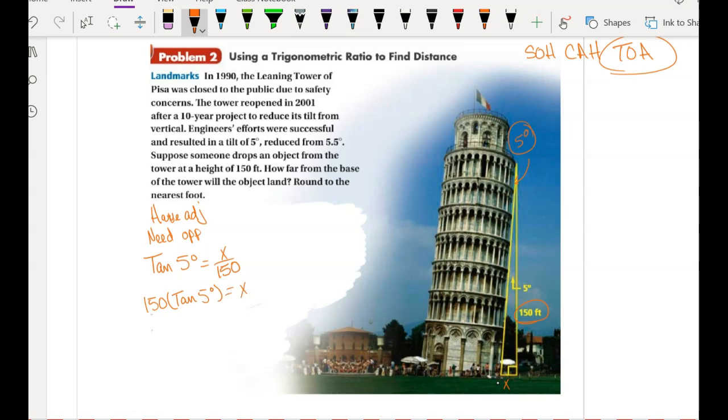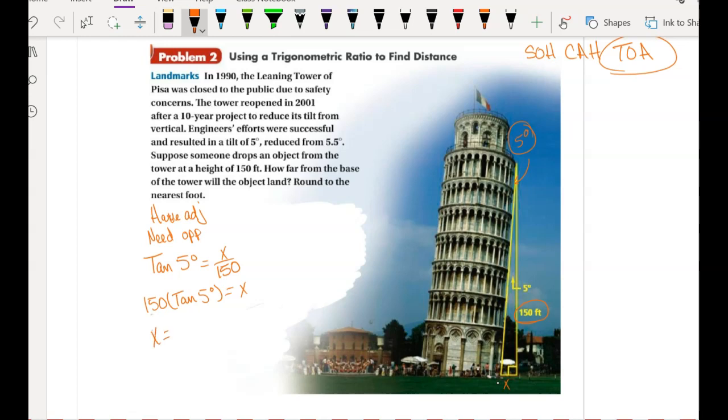And so now you plug this into your calculator. This is why it was so important to make sure that we had the right setting, degrees or radians. So you plug in 150 times, you hit the tangent key, then you hit 5, and then you close those parentheses, and you get a scary looking decimal.